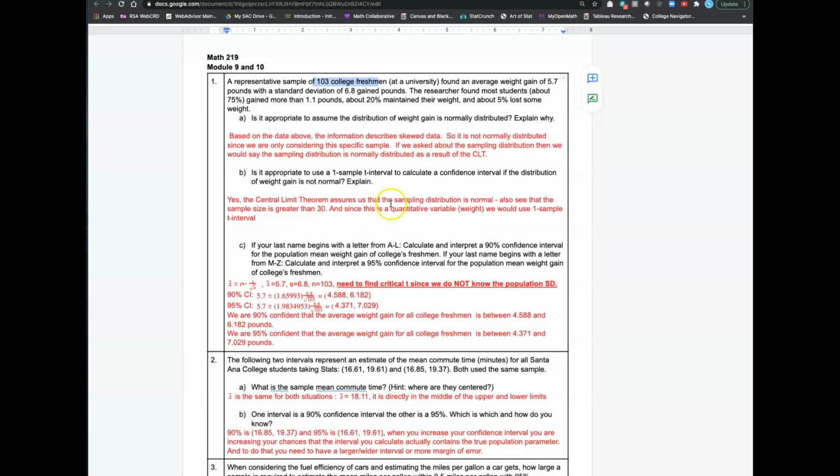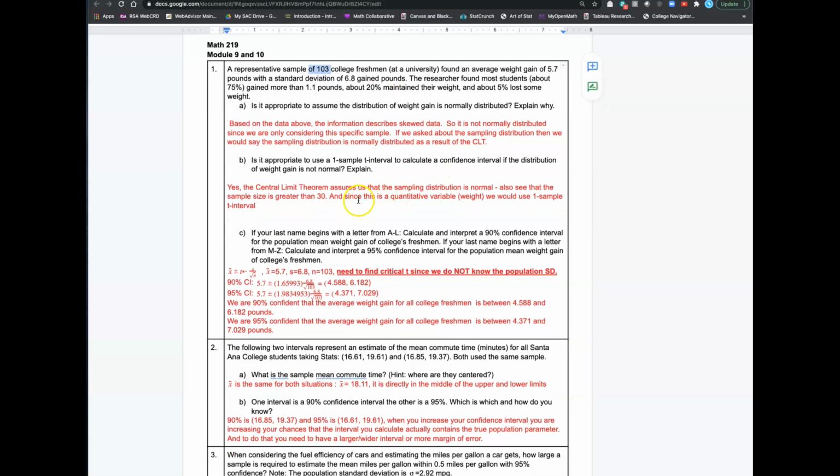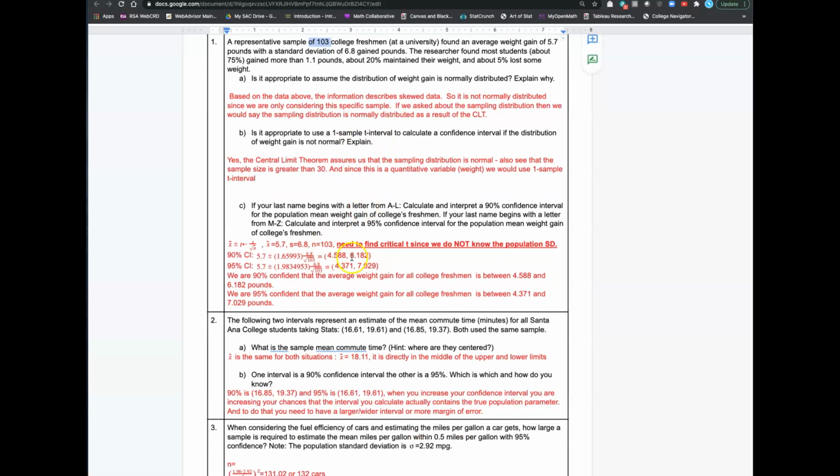Now, when we're talking about the sampling distribution, if we were to sample college freshmen over and over again, because of the central limit theorem, and if you use the samples of 103 over and over again, then we would assume that it would be a normal distribution, and then because of the central limit theorem, we would use the one sample t-interval method, which I then show here.